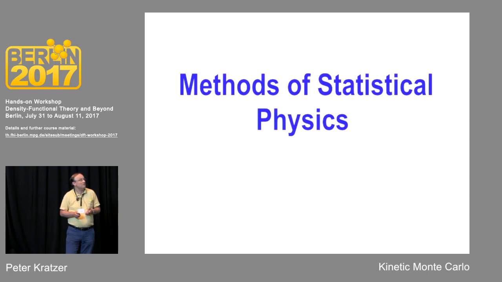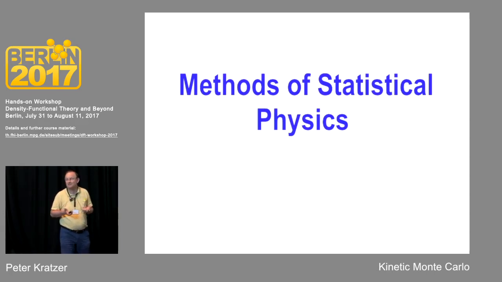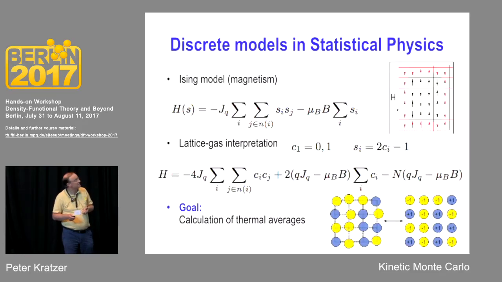But first of all, I would like to go with you through some elementary statistical physics that you know probably from your textbooks, and this first part is about equilibrium. So in statistical physics, people consider simple models. For example, you remember the Ising model of magnetism.